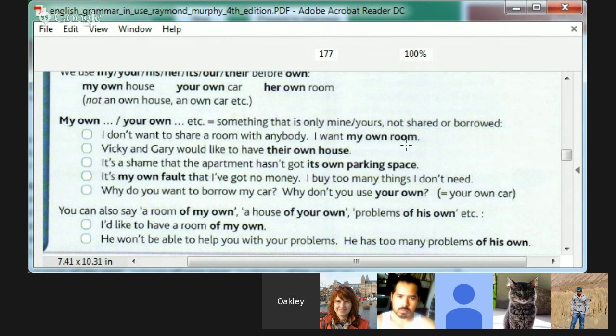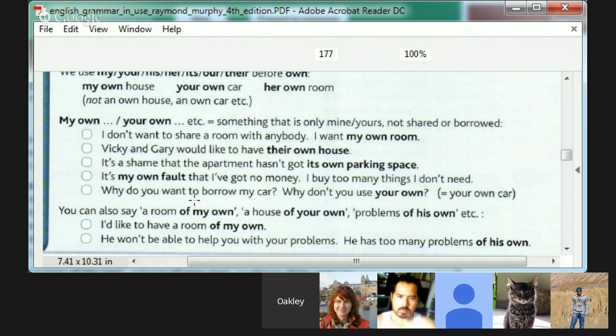We're emphasizing they don't want to share it with somebody else. It's a shame the apartment hasn't got its own parking space. It's my own fault. There's a common phrase. So you're emphasizing the fault or the blame rests on you and you alone.